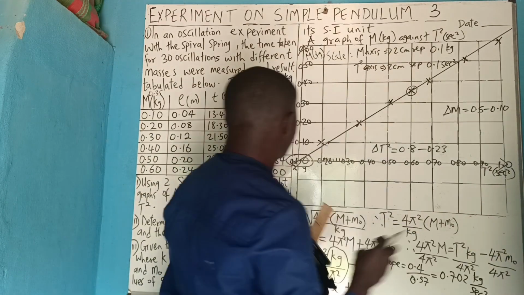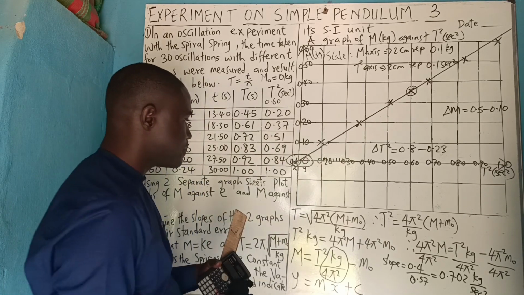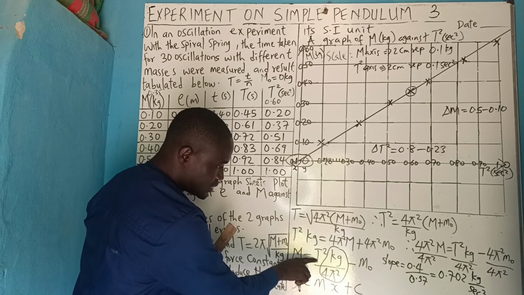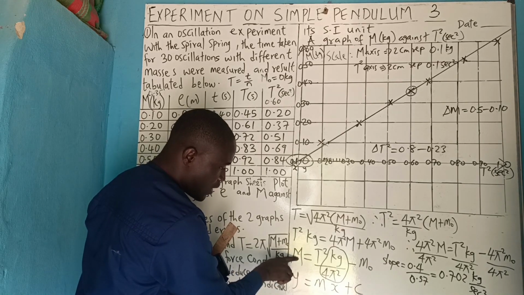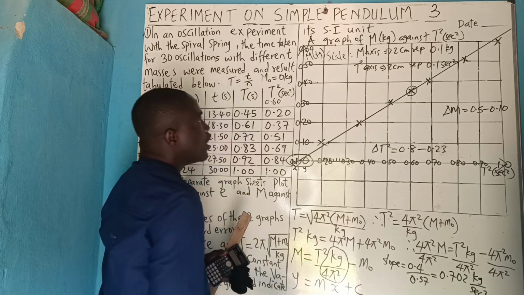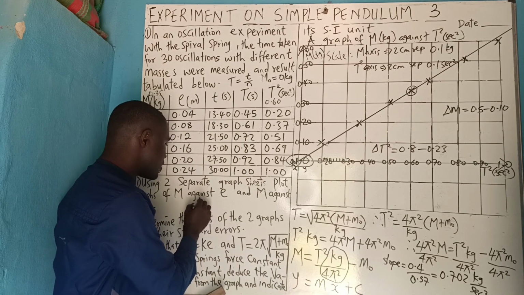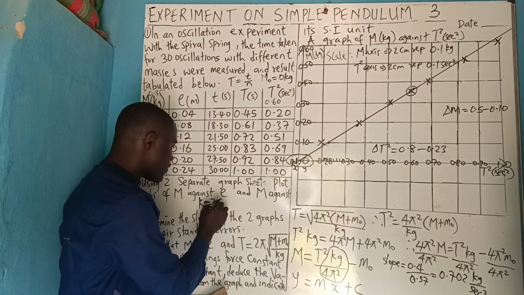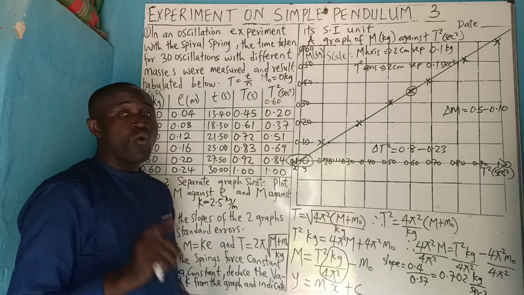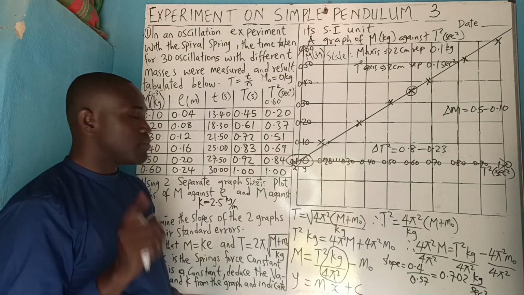Then we have gotten our slope of this. But we said the slope comparing this against t squared, plot of graph of m against t squared, this becomes the slope. And in the first graph we plotted, we said that k is equal to 2.5 kilogram per meter, whereas the error is 0 kilogram per meter. Please note it.